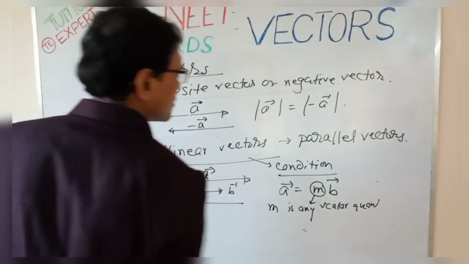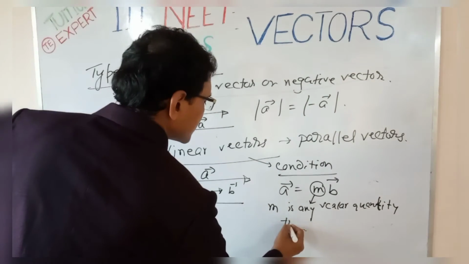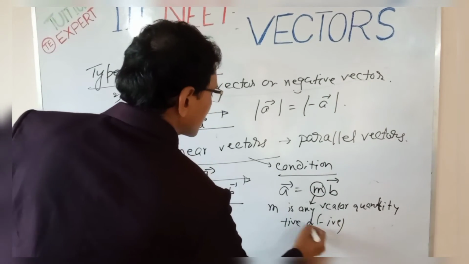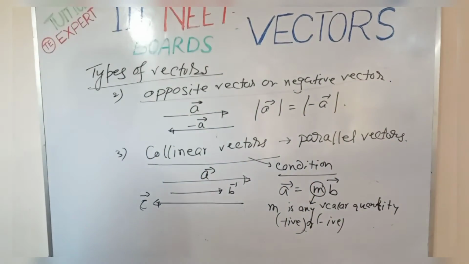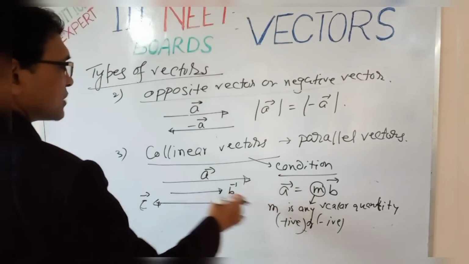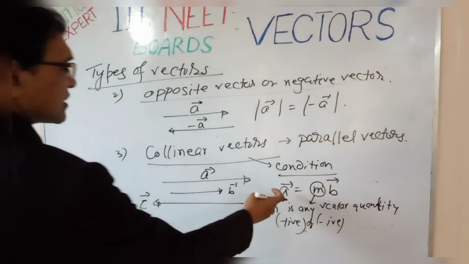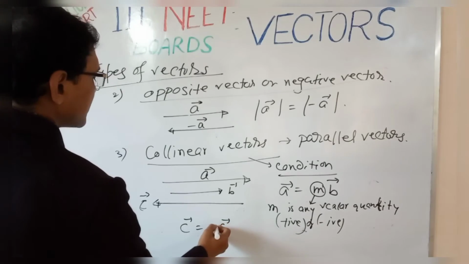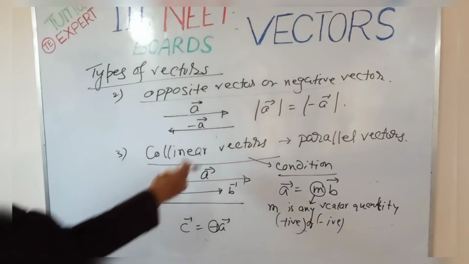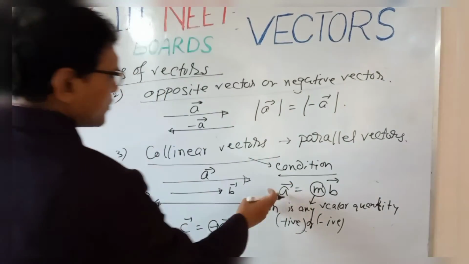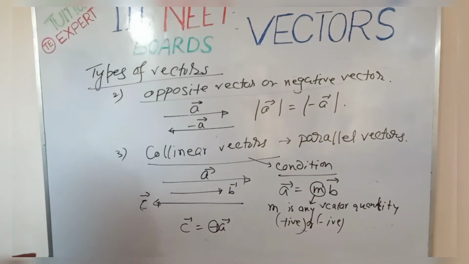It may be positive or negative. Suppose A is double of B, so we can write m is 2. If A is 3 by 2 times B, we can write m equal to 3 by 2. C is just opposite of A, we can write C equal to minus A, here m is minus 1. So m is any scalar quantity, positive or negative. So two vectors will be collinear if A equal to mB, where m is any scalar quantity.